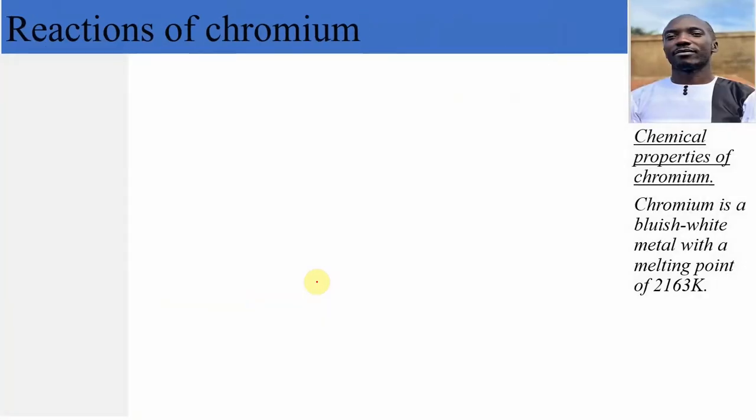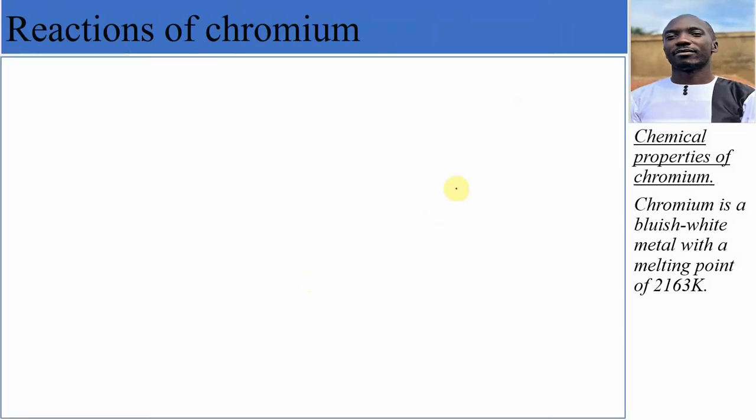We move on. Now let's look at the reactions of chromium. Here we can as well say the chemical properties of chromium. So we say that chromium is a bluish white metal. Here we are trying to show the color of chromium.